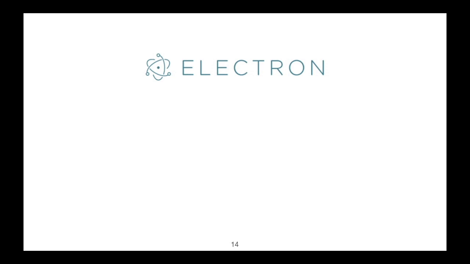What is a less known fact about Electron is how it achieves that: it allows access to both the DOM API and the Node API in the same process, which means that in the same script, on two lines, you can have document.querySelectorAll and some file manipulations, which, if you think about it, is a pretty fundamental ability.